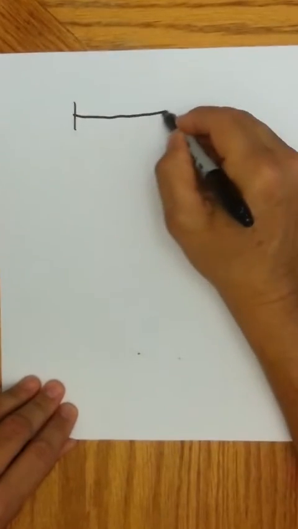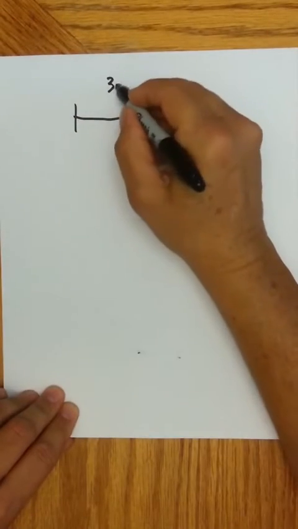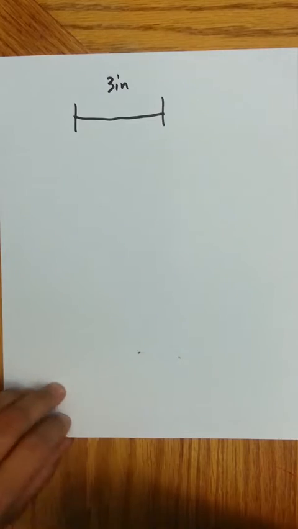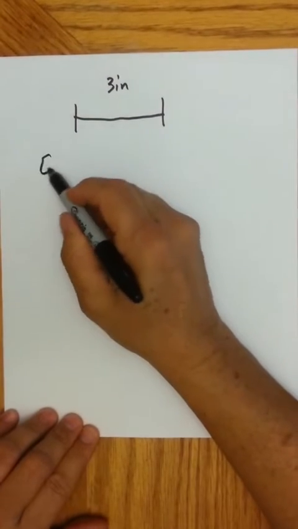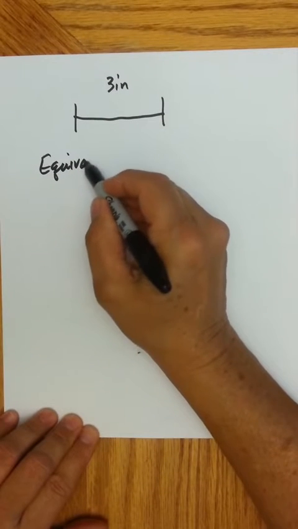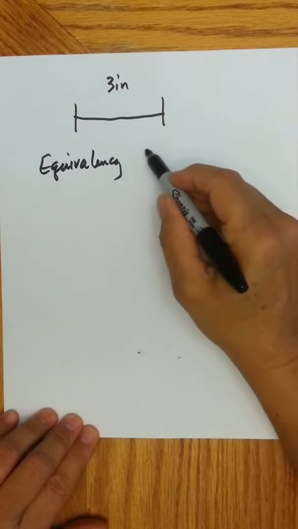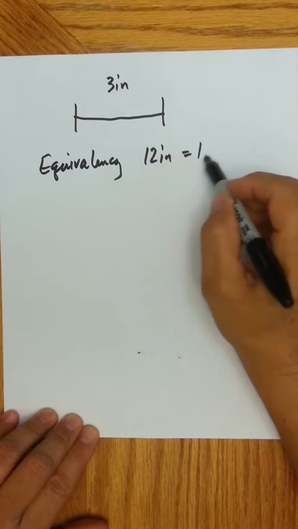So let's say I tell you this distance is 3 inches, and you want to convert to feet. Here's your equivalency. You know that there are 12 inches in 1 foot.